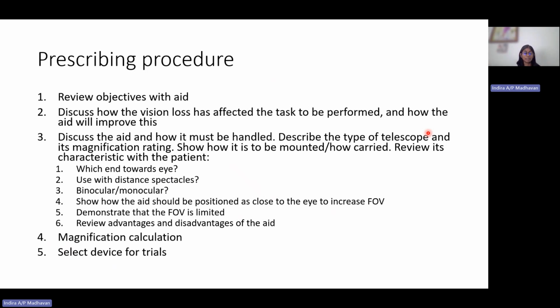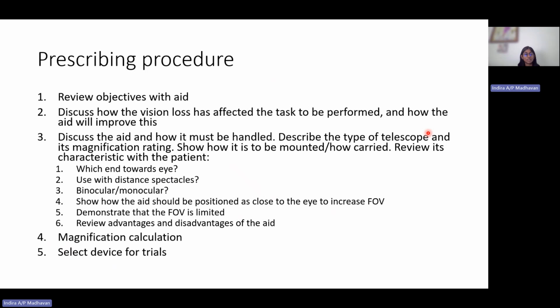Explain to the patient that way, and also show how it has to be mounted or carried. Also review its characteristics with the patient. So explain to the patient how this will be actually prescribed at the end: binocular, monocular, spectacle mounted. Then you review the telescope with the patient.